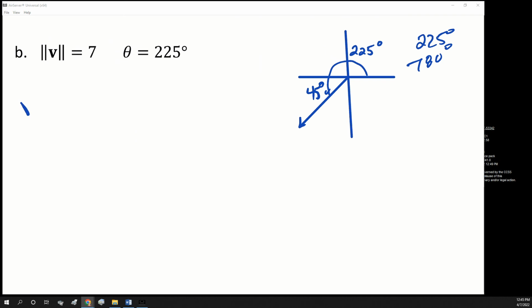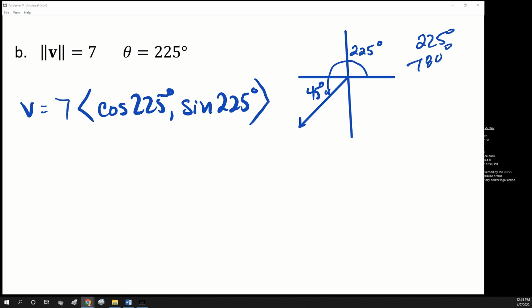All right, so the vector is going to be 7 times the cosine of 225 degrees, comma, sine of 225 degrees. In quadrant 3, both of these are going to be negative. And then we'll use the 45-degree finger and do square root of the top over 2 and square root of the bottom over 2.